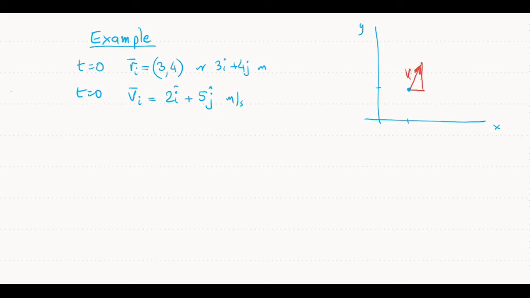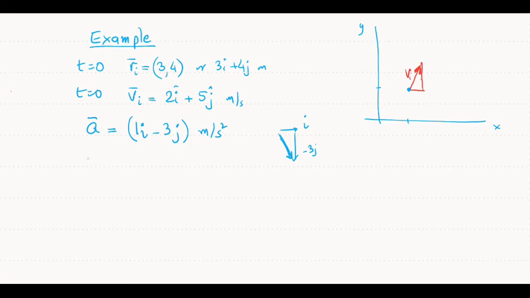That will be the initial value of the y velocity, and it has an acceleration, which let's assume is also in 2 dimensions, which is 1i minus 3j meters per second square. So the acceleration has a component to the right, which is the i, and minus 3j, so the acceleration is pointing in this direction.